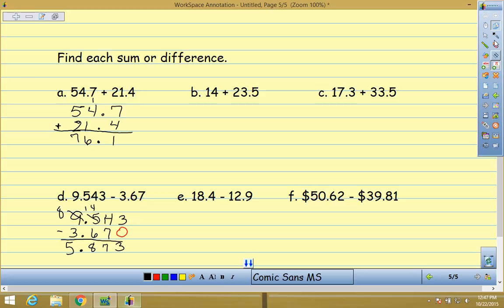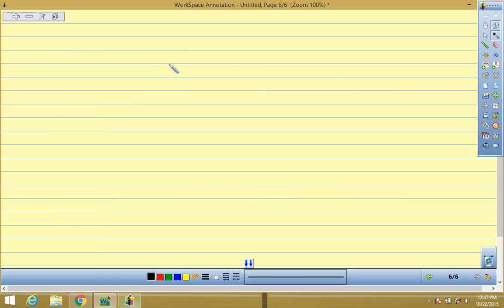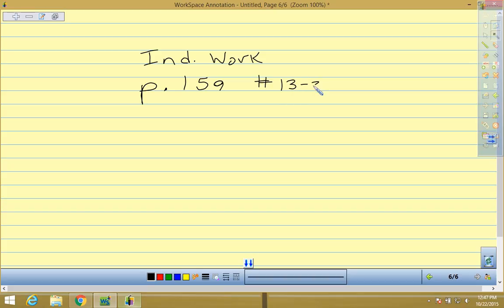Okay, so our independent assignment is on page 169, and you're going to be working on numbers 13 through 37, completing the odds. 13 through 37, completing the odds. And yes, it is homework if you don't finish.